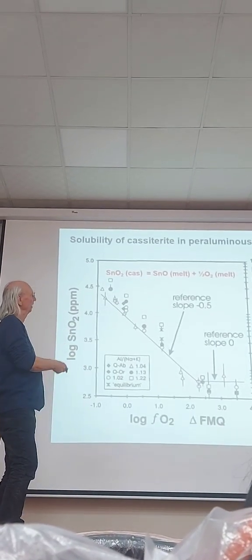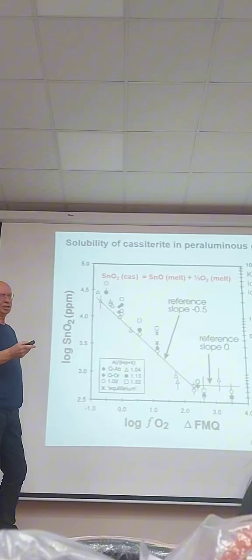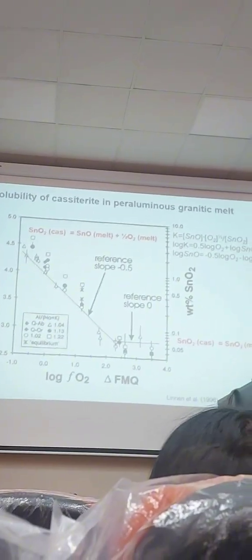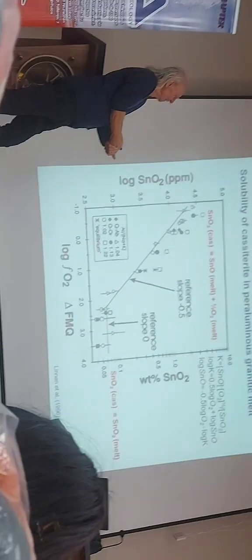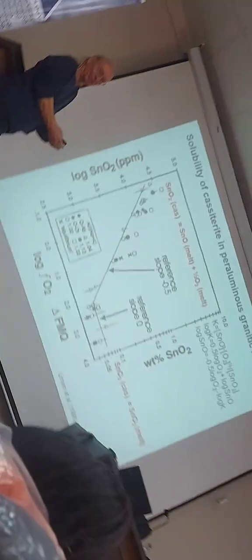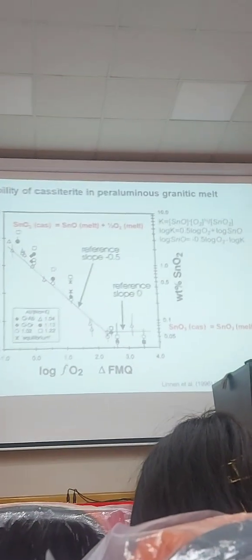It's just the beginning. Unfortunately, you have to think about this again. But this is one of my favorites. Actually, these are experiments again on the solubility of tin in a silicate melt.